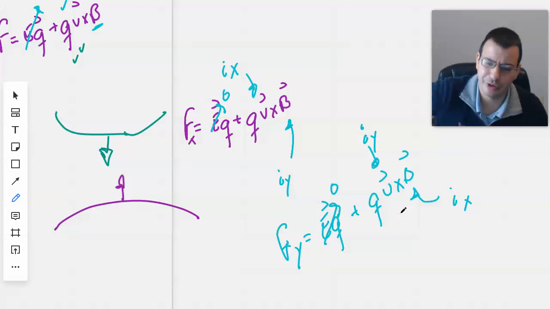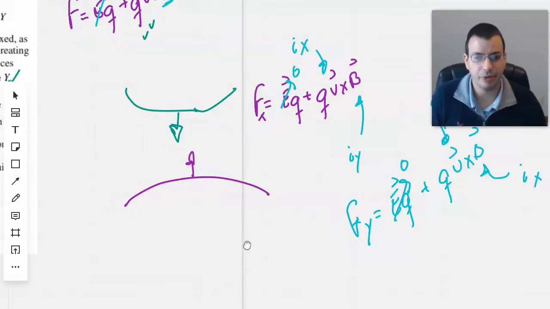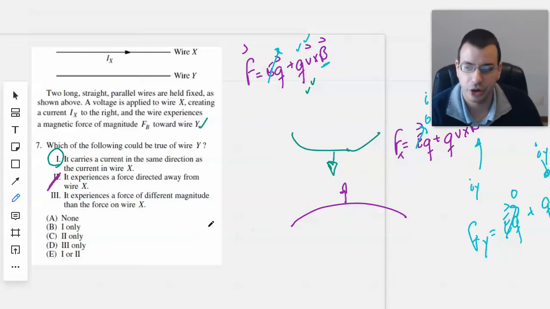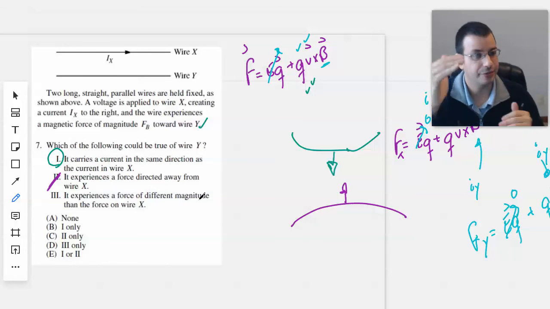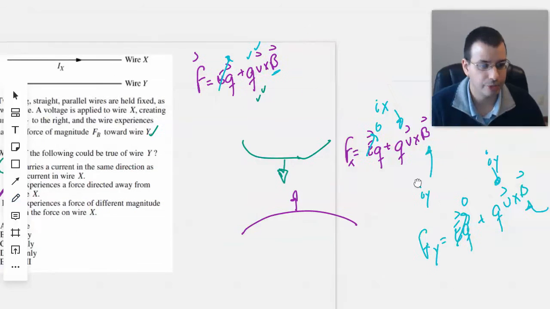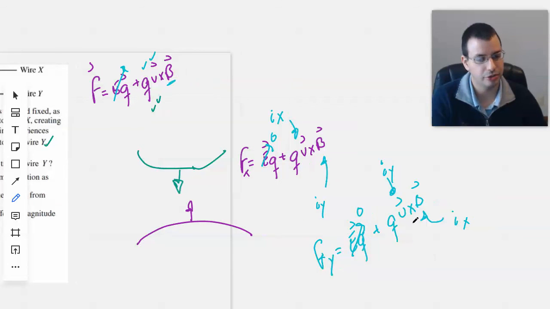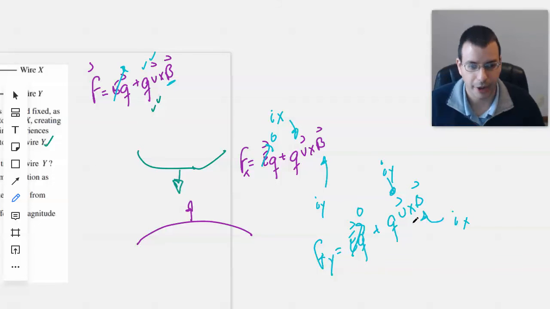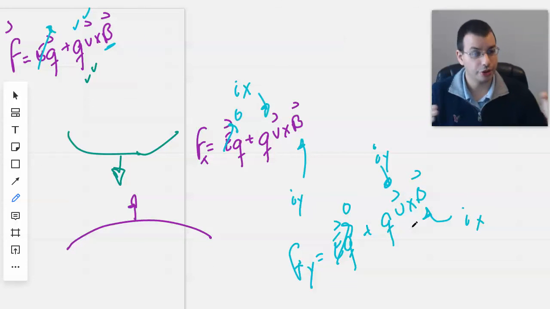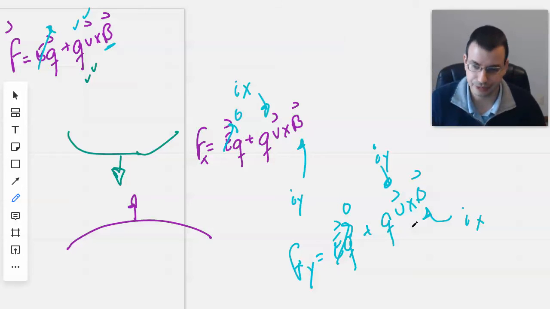And so what you're basically doing is you're multiplying them in opposite sides when you do this. I know that sounded really confusing. The idea is they both influence each other, and so you have to have the same force between them. Here you're multiplying QV cross B, and here it's almost like you're multiplying QB times V, but one has to do with I, one has to do with X, one has to do with Y. So they're going to be directly related to each other, and you can't have one that's bigger than the other.